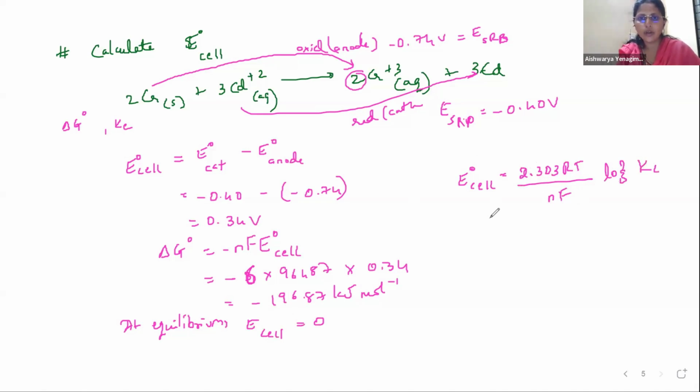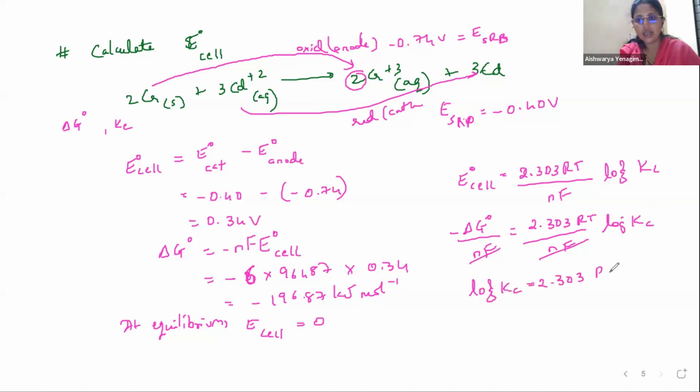So E naught cell can be written as minus delta G naught by NF equals 2.303 RT by NF log Kc. NF gets cancelled. So lastly I can write log Kc is equal to minus delta G naught by 2.303 RT.